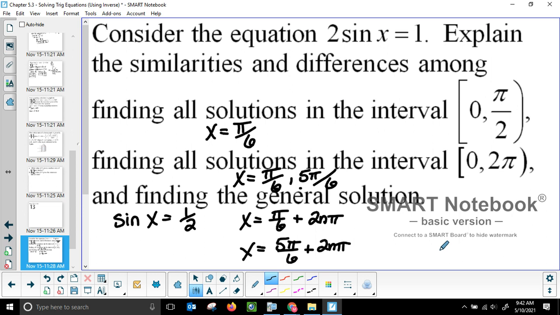Like when we talk about all students take calculus, sine we know is going to be positive in quadrant 1 and in quadrant 2. What is similar about these two angles?